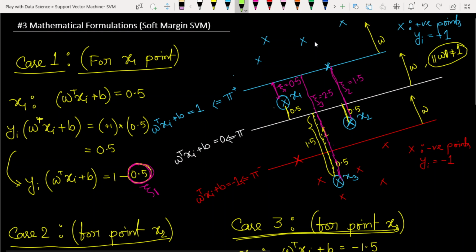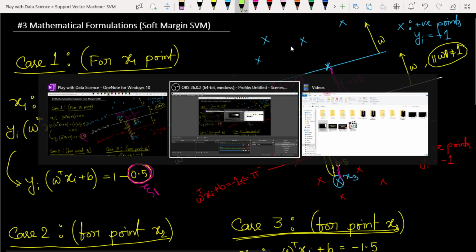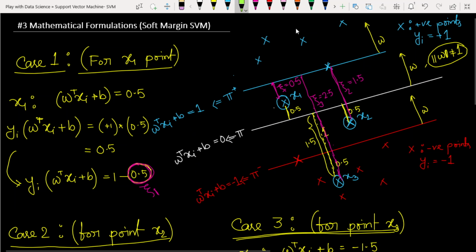Just one thing I want to discuss. If we consider a correct point, then what will be the value of zeta? Now let's see. Suppose, to denote it I am using a different color. Let's consider this point.